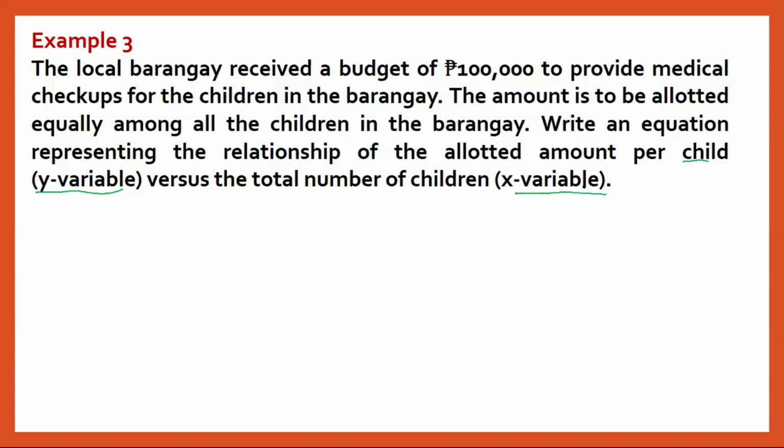So, think of the function. It's y is equal to 100,000 over x, where y stands for the allotted amount per child, while the variable x stands for the number of children. Magdedepende yung allotted amount per child sa kung ilan lahat-lahat ng bata meron iyang barangay na yan.